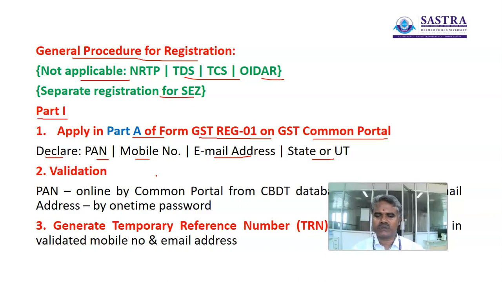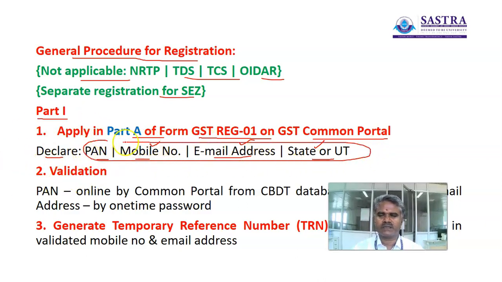They have to submit the following information: one is PAN, then mobile number, then email address, then state or UT, which state or union territory he belongs to. These are all very important information. First, you have to give your PAN, mobile number, email ID and state.